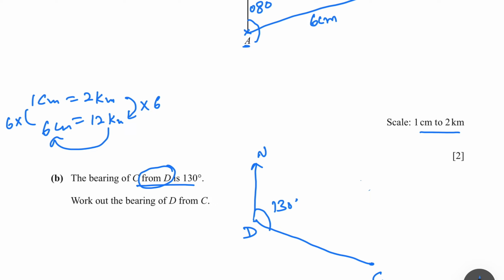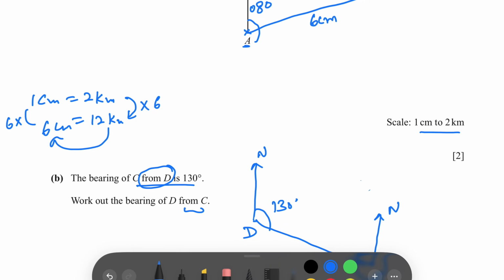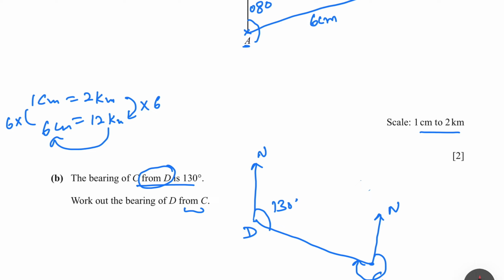Now we are working out the bearing of D from C. So this is the north line at C, and we are looking for this angle here. This one is 130, and this is going to be 50 degrees, right? Or if I draw this line here, then this angle is also going to be 130, because they form this F shape, right?